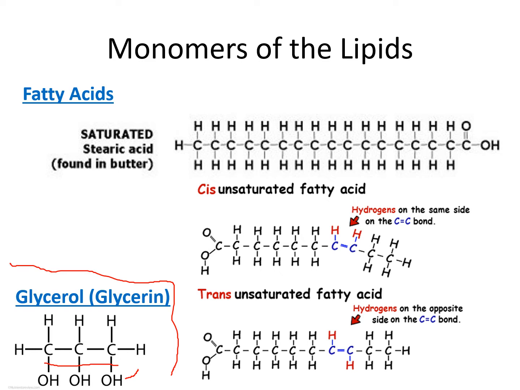What is a little bit more complex, and perhaps you've heard of before, are the fatty acids. Just like glycerin, just like any of the other forms of lipids here, fatty acids are nonpolar, and so they do not have a charge. They have an equal sharing of electrons among all of the carbons and all of the hydrogens. For the most part, the fatty acids are simply chains of carbons with hydrogens attached pretty much anywhere that they can.